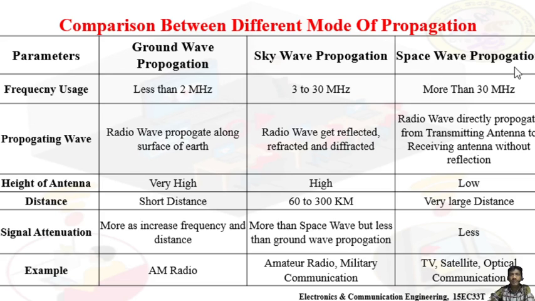Compared to these two wave propagations, the space wave propagation has the least signal attenuation. The examples are AM radio, military communication, TV transmission, satellite communication, mobile communication, and also optical communication.